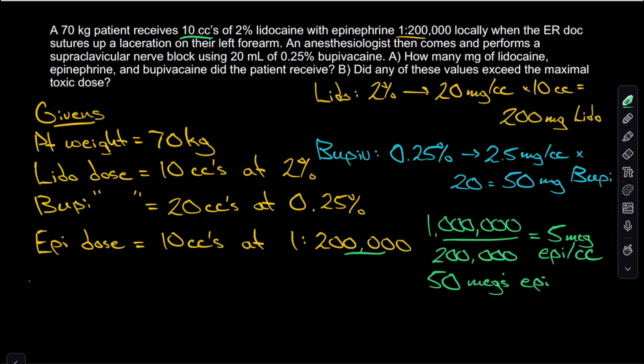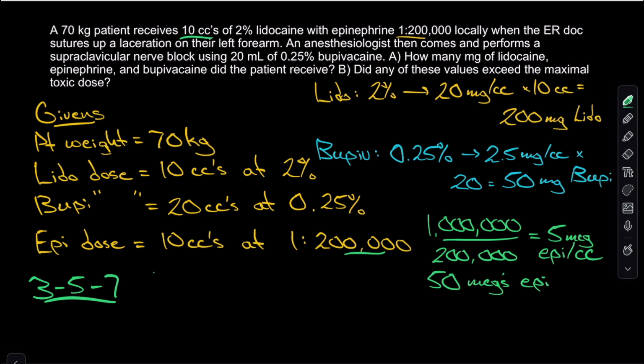And then part B asks if any of these values exceed the maximal toxic dose. So the maximal toxic dose is calculated using the rule of 3, 5, 7. This was a question that Dr. Toom pimped me on, so it's a good rule to know. But the maximal dose of bupivacaine and ropivacaine is 3 milligrams per kilogram.